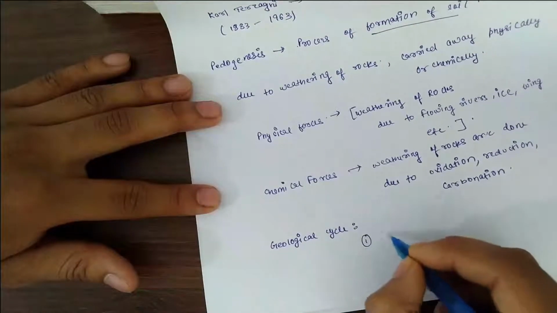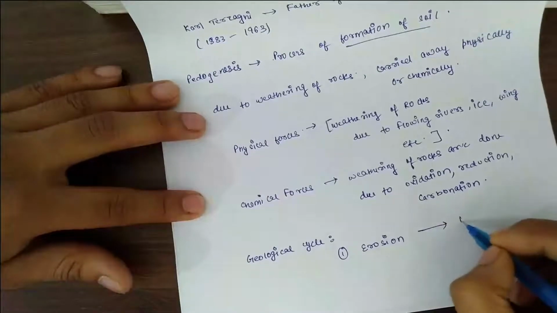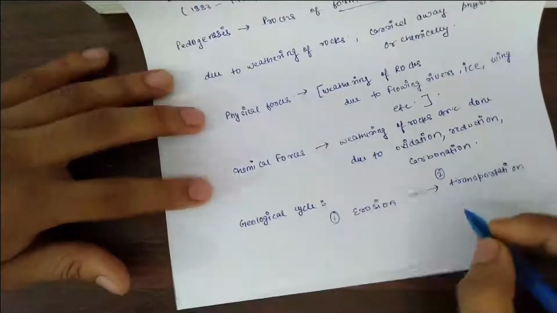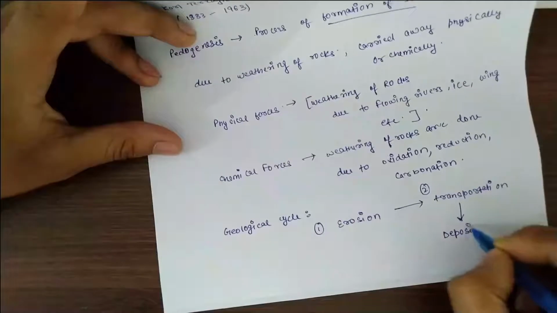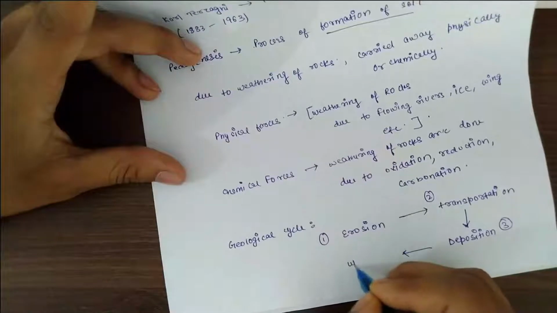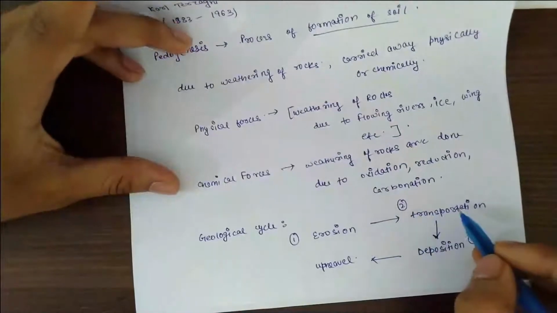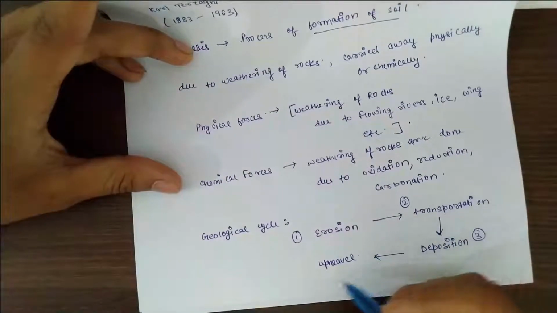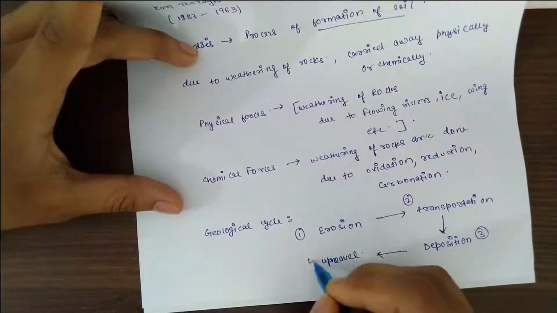The first step is erosion of rocks, then there is transportation, this is step 2, then there is deposition, this is step 3, then there is upheaval. After erosion of rocks, it is transported by some agents like wind, air, then they are deposited, and after deposition of many layers, it is known as upheaval. So this is step 4.